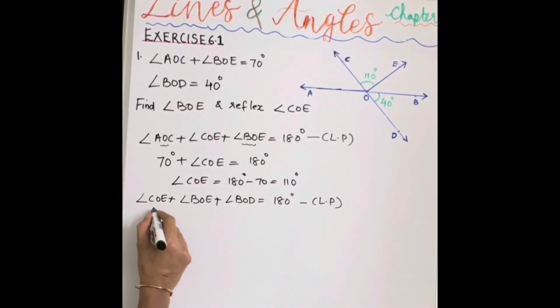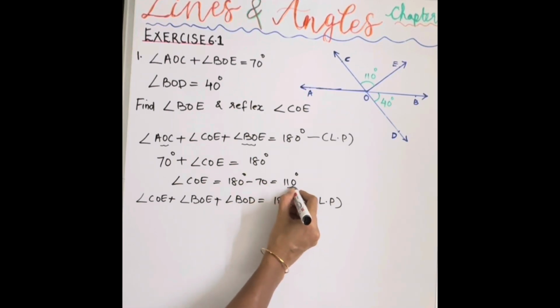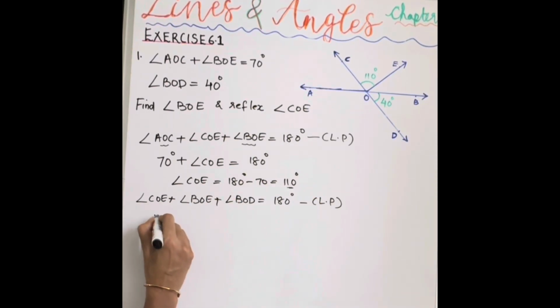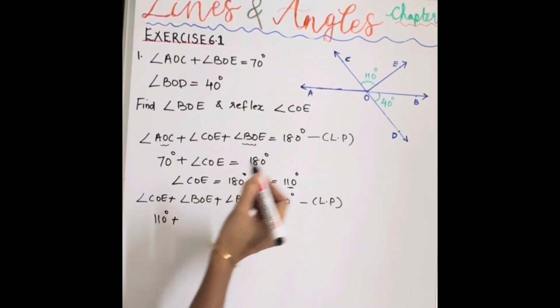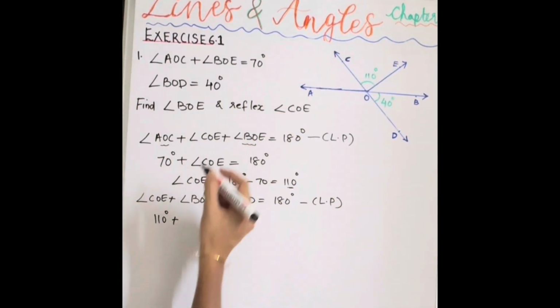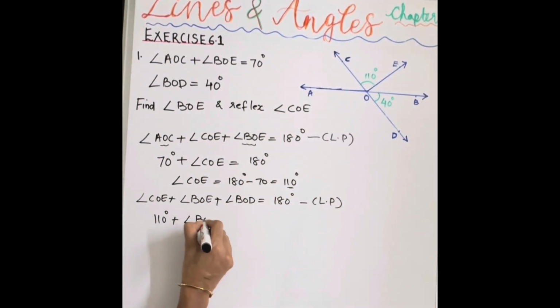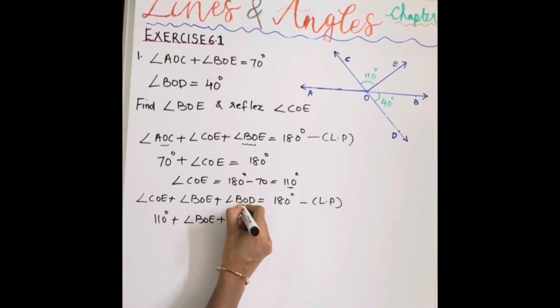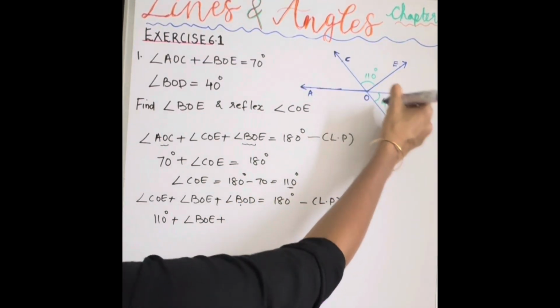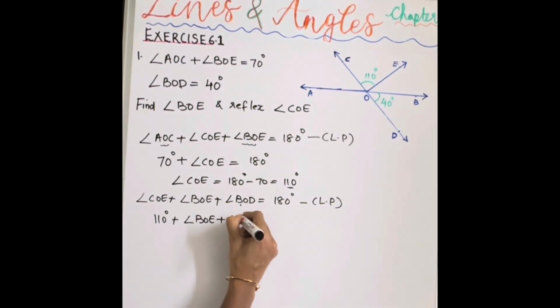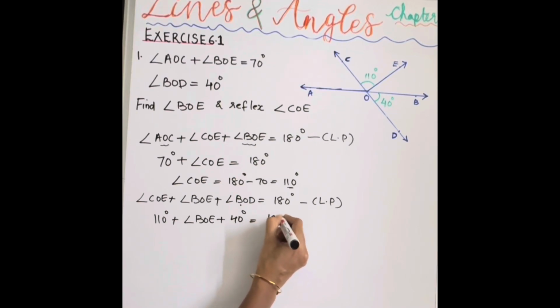And we know COE is 110 degree. So we can write 110 degree plus BOE, which is what we have to find out. Angle BOE plus angle BOD, angle BOD is 40 degree, which makes 180 degree.